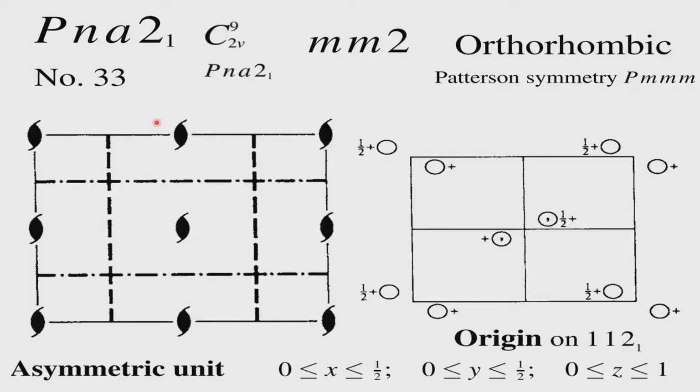Of course, if you have a PBCA crystal, it may not be very interesting because it is nicely, beautifully centrosymmetric. But if you have a system where the non-centric behavior comes up, PNA, the previous space group which we discussed, for example, PNA 21. So, suppose you have an N glide perpendicular to A axis, A glide perpendicular to B axis, 21 is along the Z axis. You may have an equivalent space group P21NB.